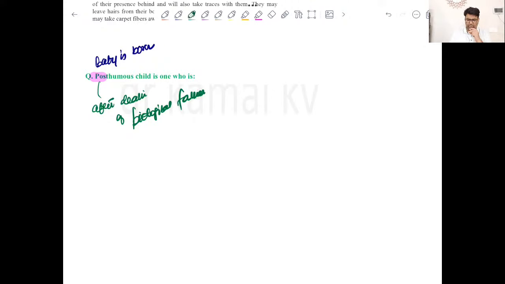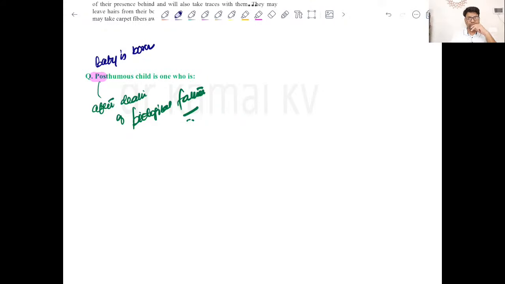Clear? And this is usually seen in, yes, Mohan, Shanwaz, Sangmitra, Narsimha, everyone is right. We know there is one relative of ours whose father was in the army, and he was just 2 months intrauterine when his father was killed in conflict.